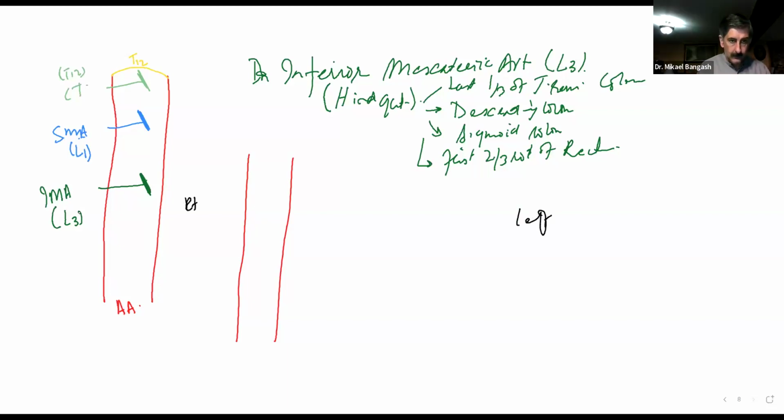And we had the inferior mesenteric artery.